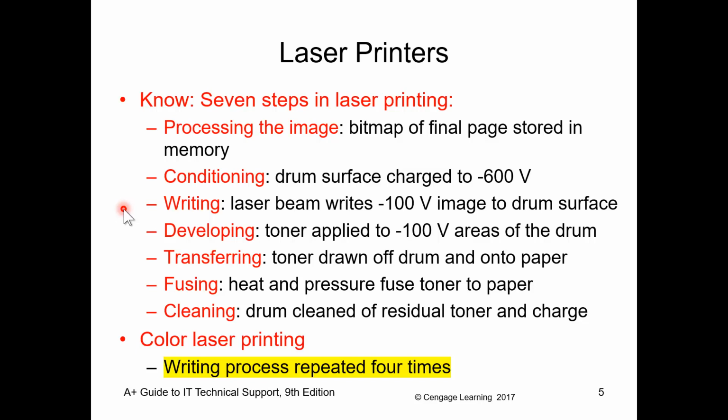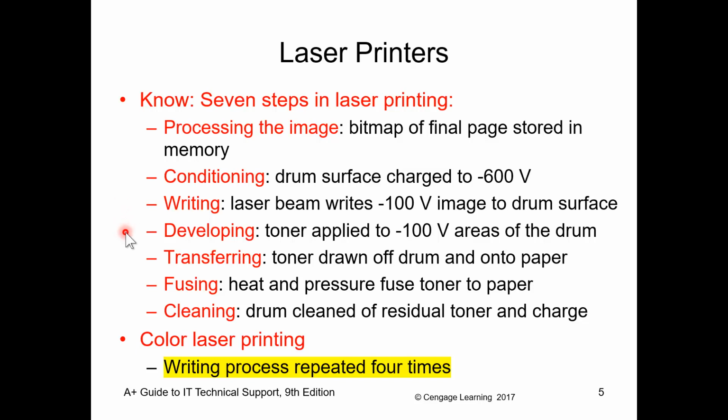And there's a little electronically controlled mirror that is shining the laser onto the drum. At the speed the drum is turning, it can draw an entire page onto that drum.